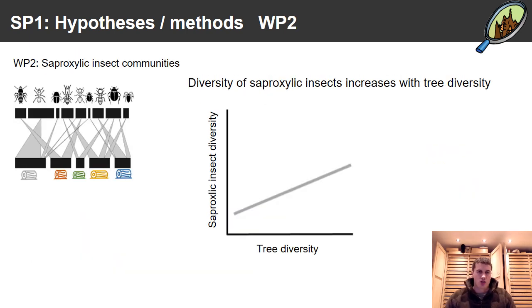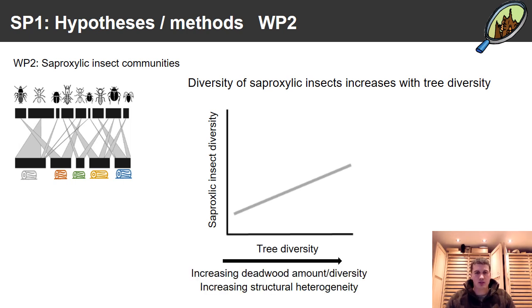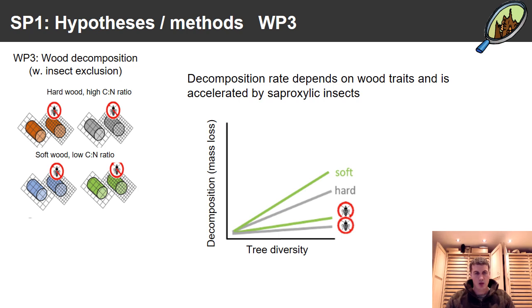Moving on to work package number 2, we assume that with ongoing tree diversity, the diversity of saproxylic insects will also increase. This should be driven mainly by an increasing deadwood amount and diversity, but also by an increasing structural heterogeneity.